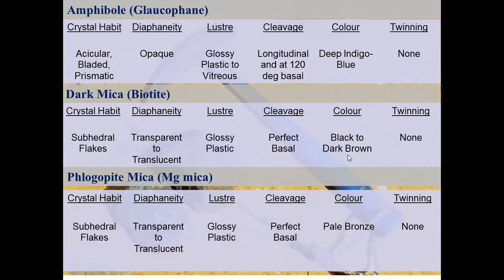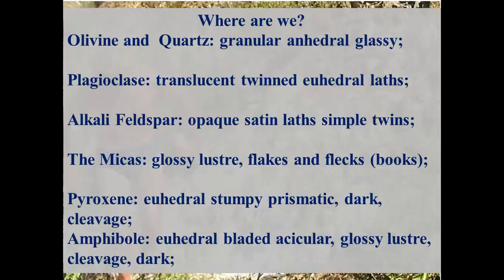And we had this other variety of a darkish mica, the magnesium mica, phlogopite, which was characterized by this pale bronze color. So those are some of the main aspects of what we looked at last time.